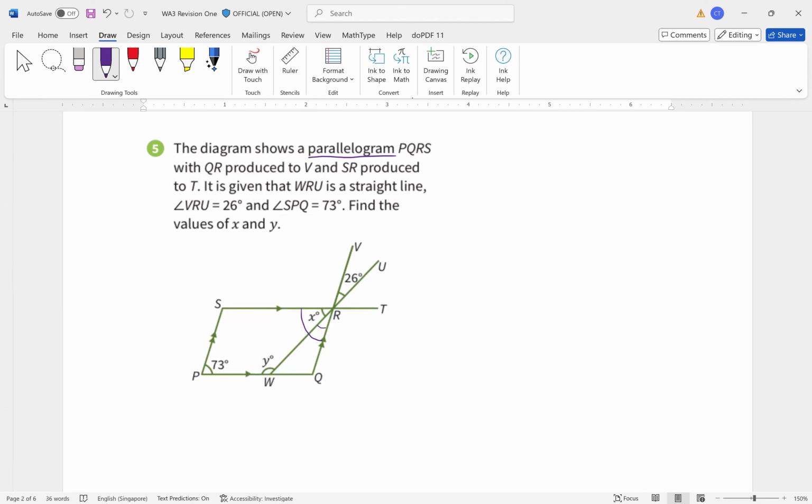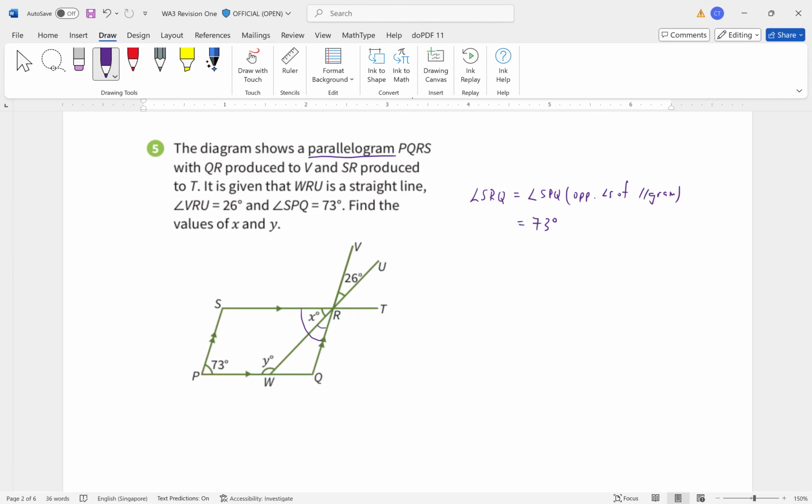So angle SRQ. Let's first write down why angle SRQ is 73. It equals angle SPQ, because opposite angles of a parallelogram are equal, so you get 73 degrees.